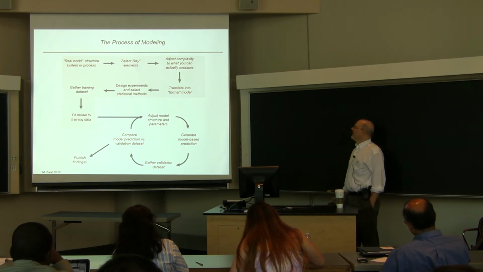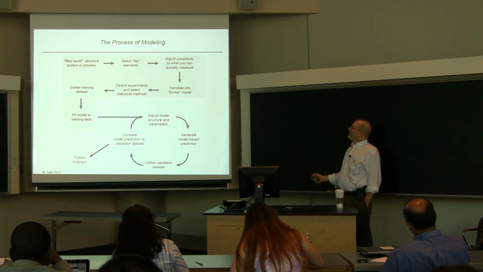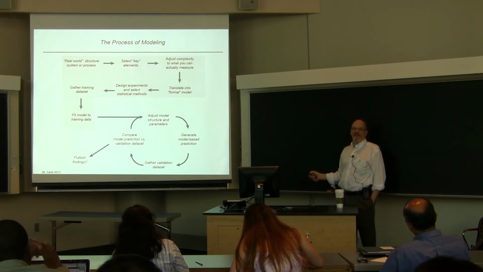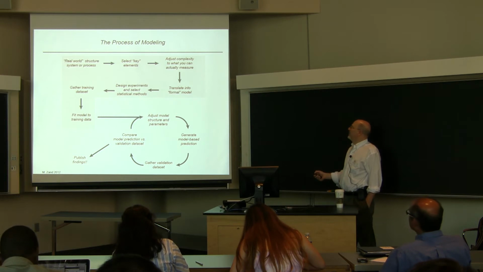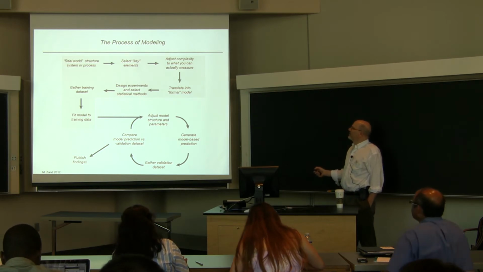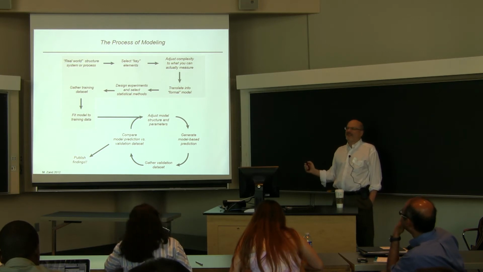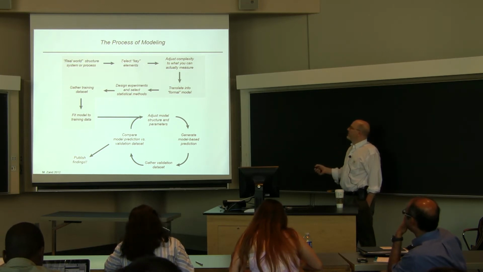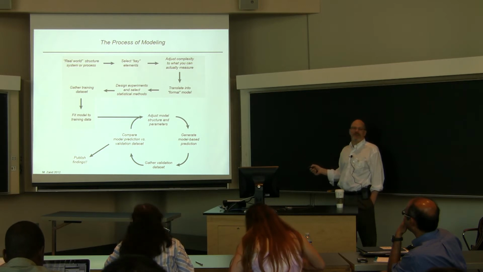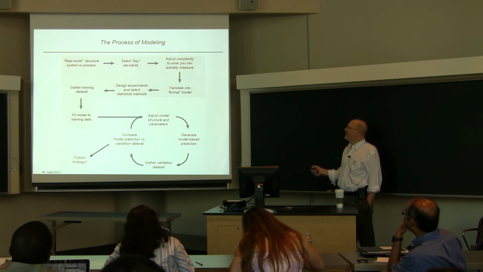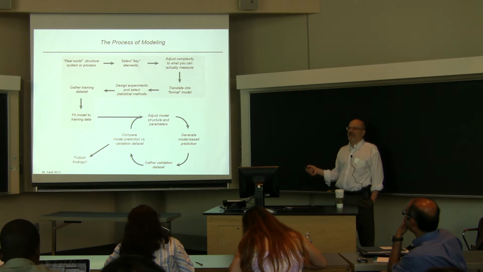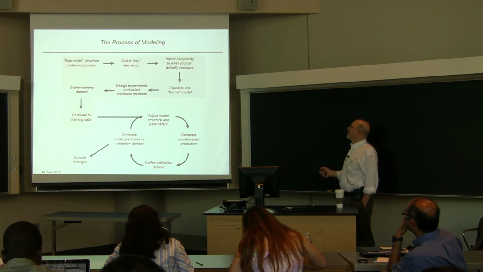Okay, so the first thing is we have to figure out what we want to study. Obviously, we've all got our interests. Then we have to, as Turing said, select the key elements. Okay, these key elements should involve the variables that we can actually measure, the parameters that we think are important, and an abstraction that we think is reasonable for giving us an answer.